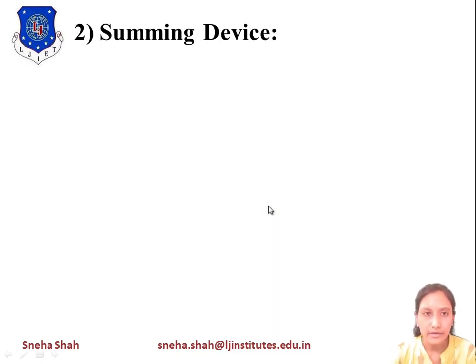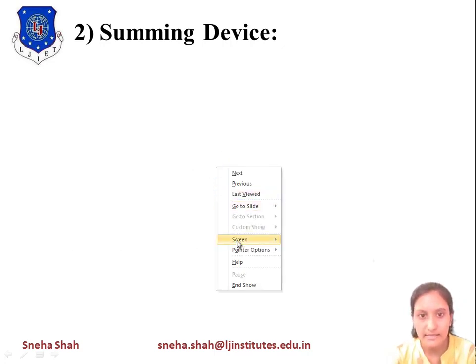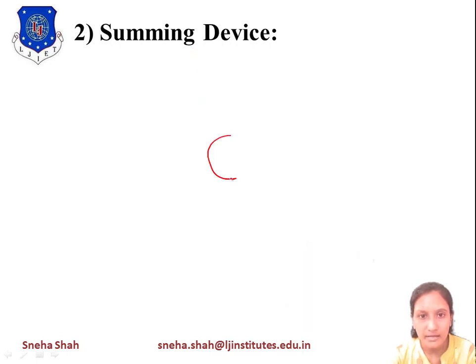Now the second point is the summing device. If you want to sum more than two things, then for that we use a summing device. To represent it, we take a summing point.